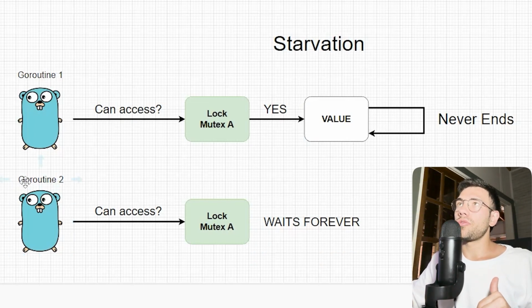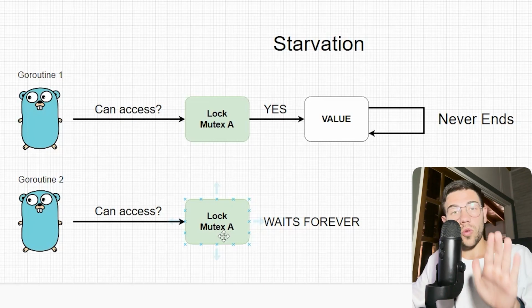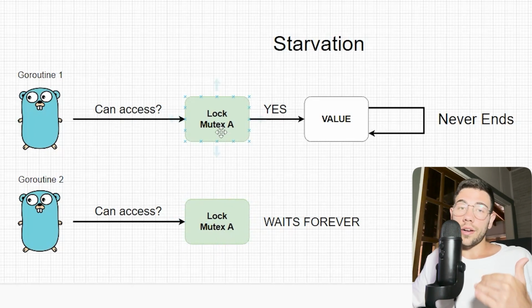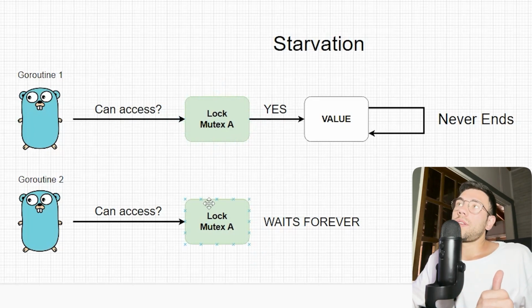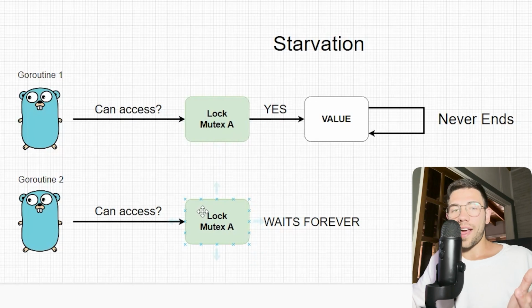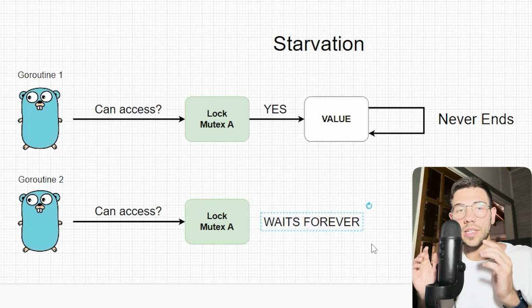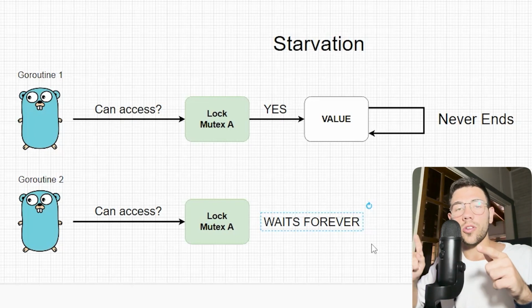When the other coroutine tries to lock mutex A, the operating system will tell coroutine number 2 to wait here, because coroutine number 1 already has mutex A locked, so you have to wait until coroutine number 1 ends. But coroutine number 1 never ends, so this coroutine will never execute and never finish, because it will be waiting forever. That is starvation. So we will see this in code now.